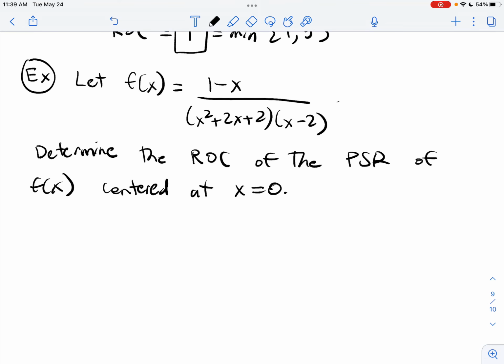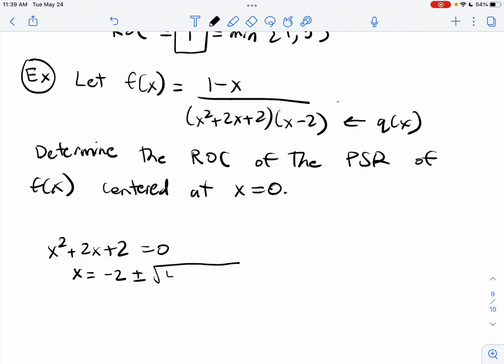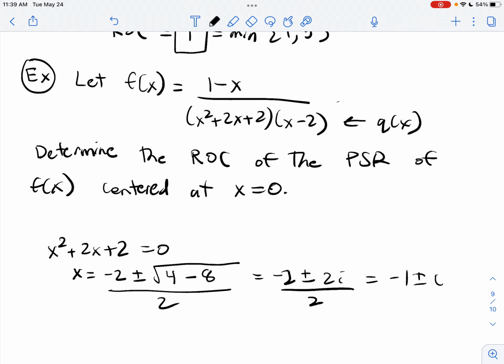Okay, so we should notice if we try to figure out where q of x is equal to 0 here, we're going to need to use the quadratic formula, right, to figure out when this guy is 0. So this is going to be x equals negative 2 plus or minus the square root of b squared minus 4ac all over 2a, which is negative 2 plus or minus, let's see, square root of negative 4, which is 2i, over 2, which is negative 1 plus or minus i, right?